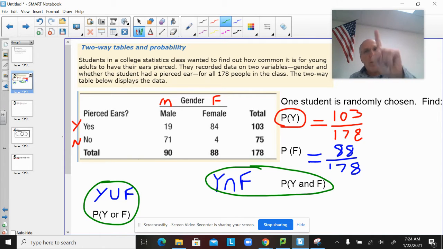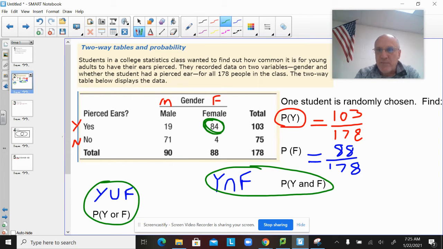That means if I pick one student randomly, what's the probability I pick someone who is both female and has had their ears pierced? Well, that's female and ears pierced. I'm circling in green here the number. Of all my numbers, that's the only number that is the intersection of the female column and the yes row.